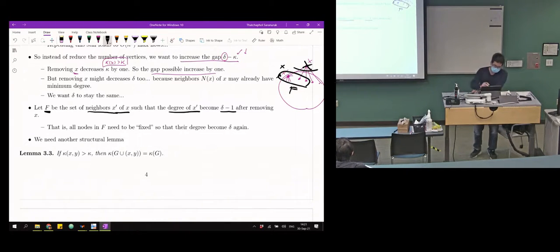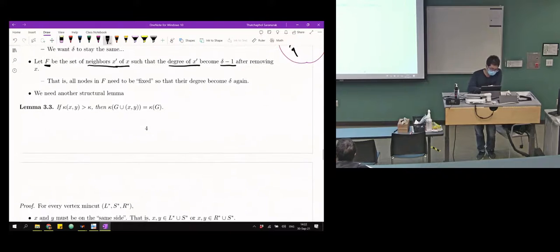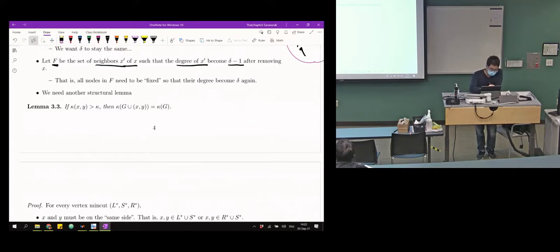So now we will need another lemma. We want to somehow fix this thing, that is, increase the degree of the guys in the set F. And the lemma that we need is just here.